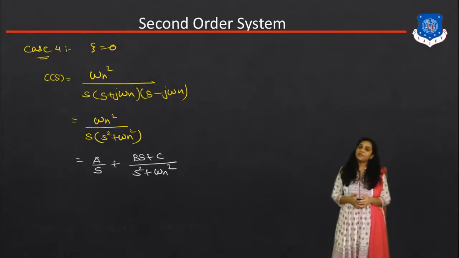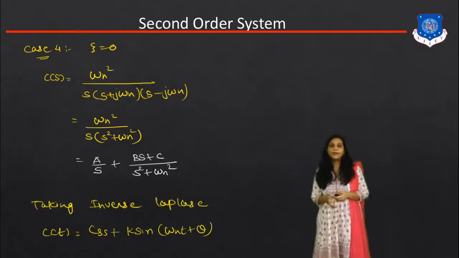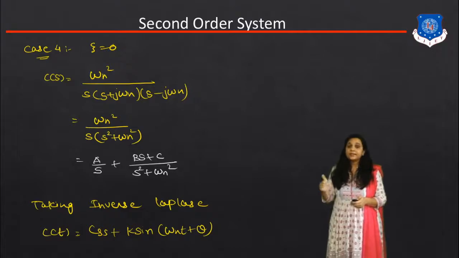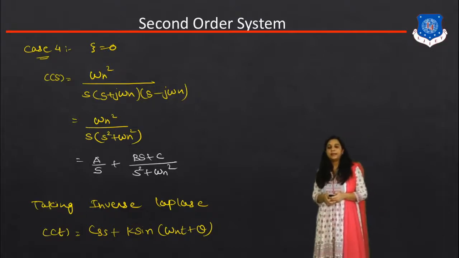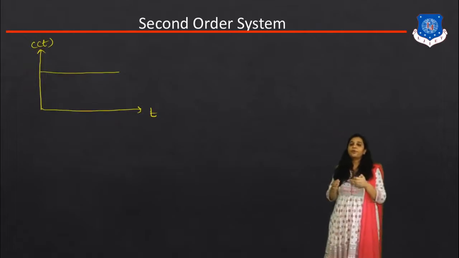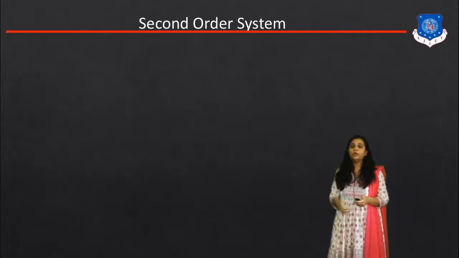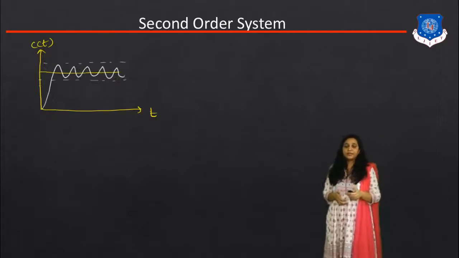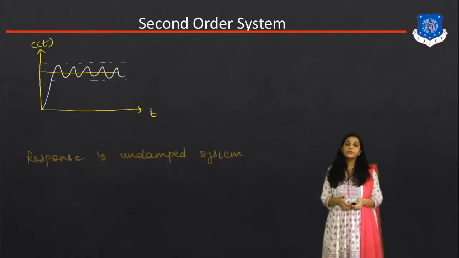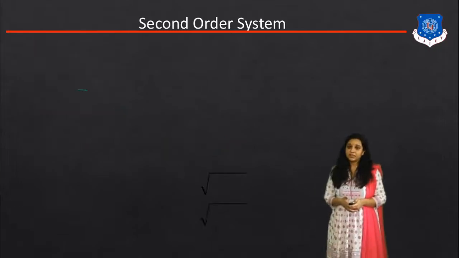Taking the inverse Laplace, we get c(t) equal to c_ss plus K sin(omega n t plus theta). If we draw the response for zeta equal to 0, we get sustained oscillation. So this type of response is known as the undamped system.